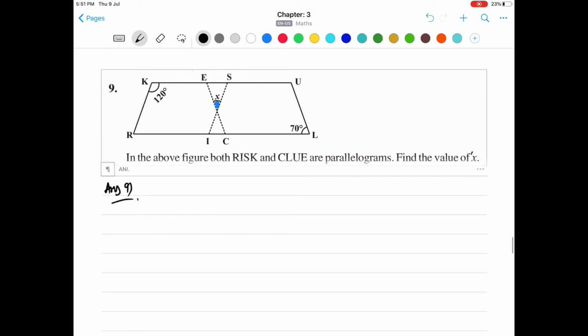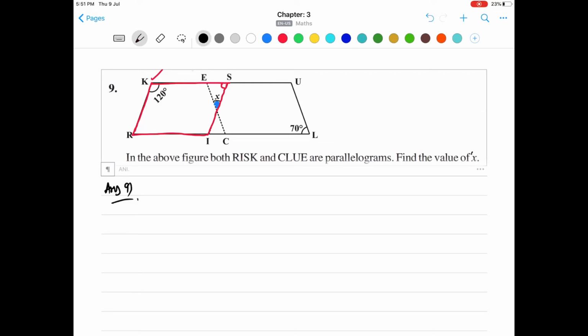So let's start with answer number 9. Since RISK is a parallelogram, we are concentrating first on this one. Since this angle K is given as 120 degrees, its adjacent angle S will be equal to 180 minus 120, that is 60 degrees.